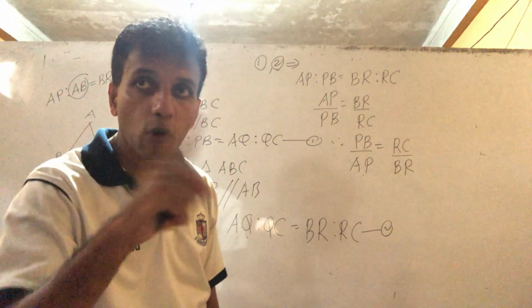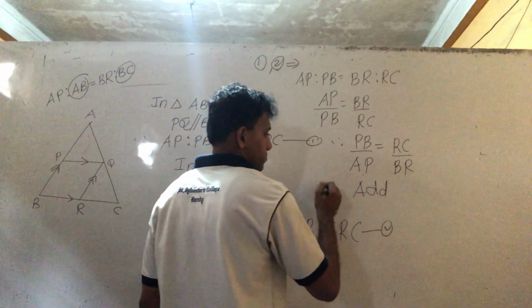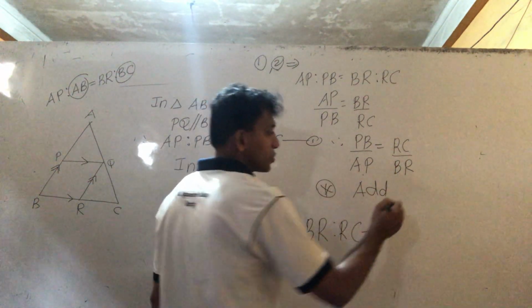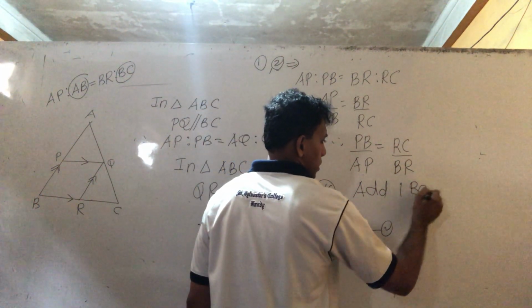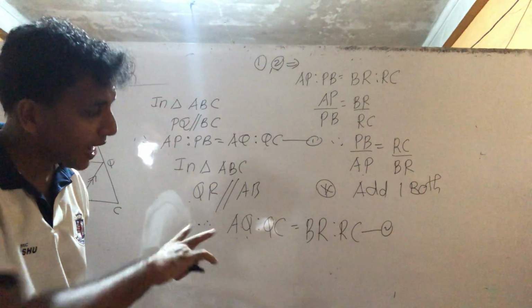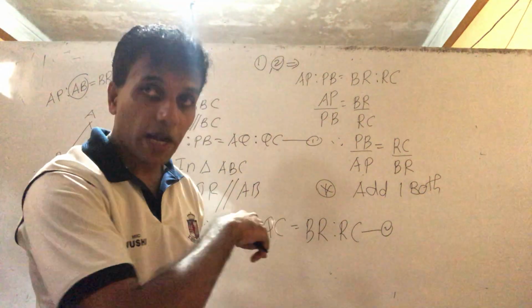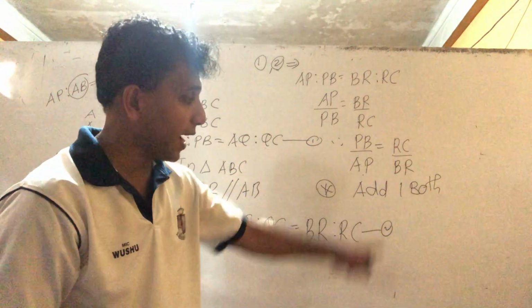Now, add one to both sides. Important note: add one to both sides. In an equation, we can add the same number to both sides, subtract any same number, or multiply by the same number on both sides.